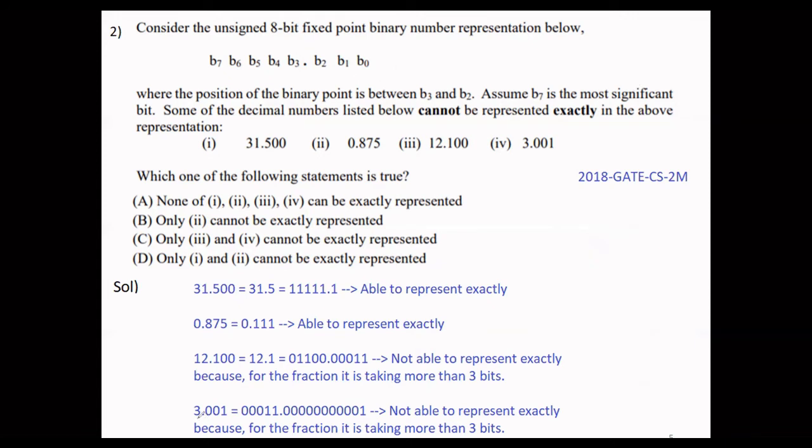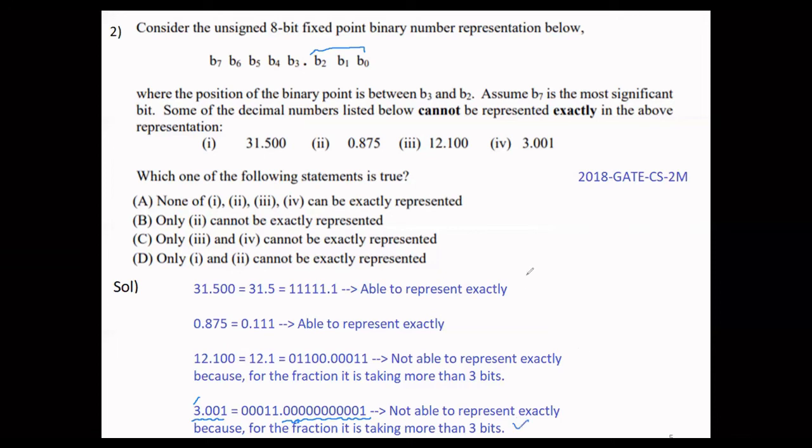If you take the fourth option, 3.001, 3 we can represent with 5 bits, 00011, no problem. But the fraction 0.001 is 0000001, and here we have only 3 bits to represent, so it cannot be represented exactly because the fraction is taking more than 3 bits.